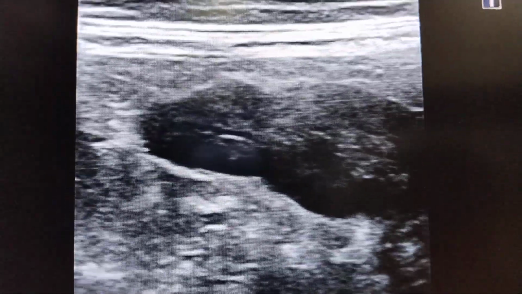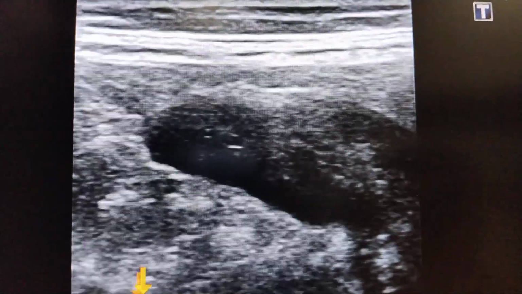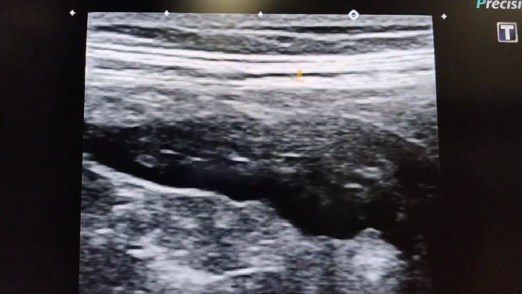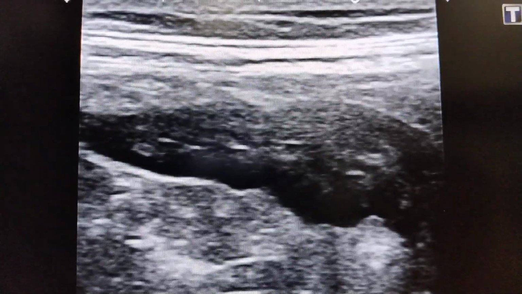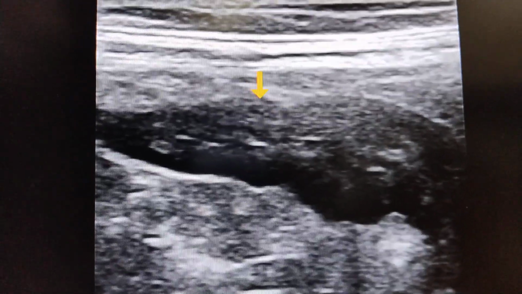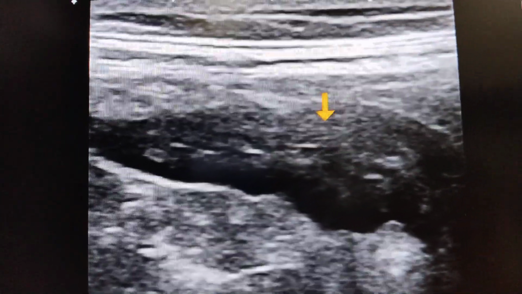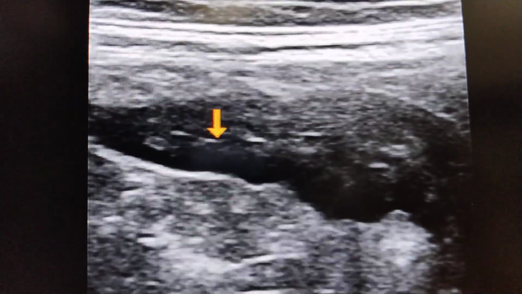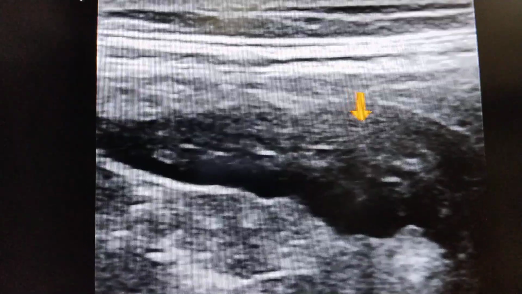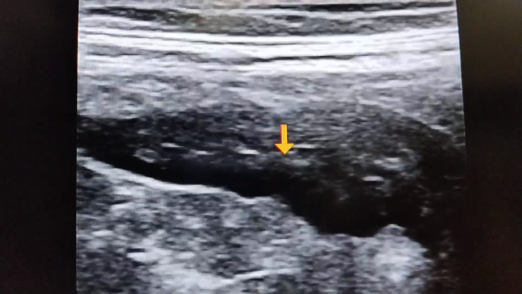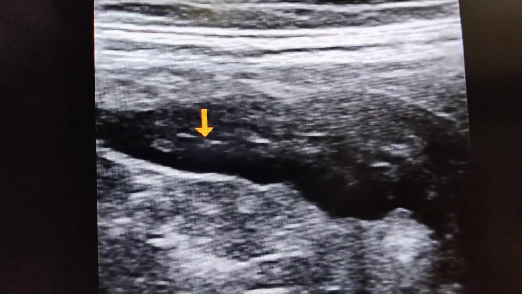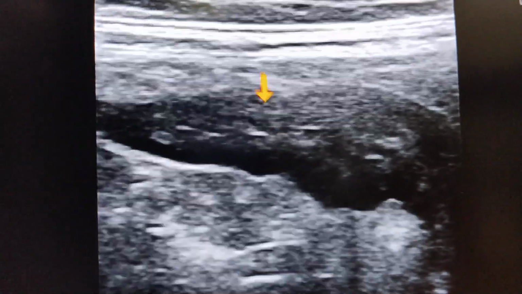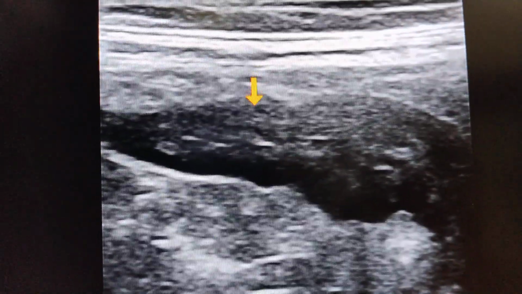Here, this is the left side of the abdomen at the paracolic region, and here we can appreciate this is the descending colon, large bowel. We can appreciate that this descending colon is thick walled. These white dots are the lumen, which is narrowed due to the wall thickness.